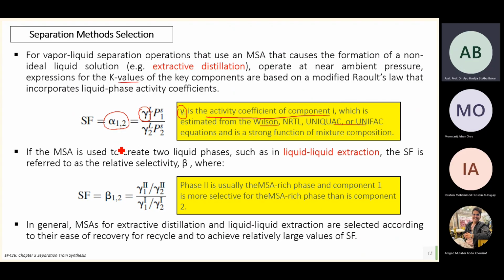If you go for ordinary distillation, you do not add any MSA. But if you add MSA, the symbol will change to beta. The concept is the same. It's just the symbol, where beta is inclusive of the MSA properties.